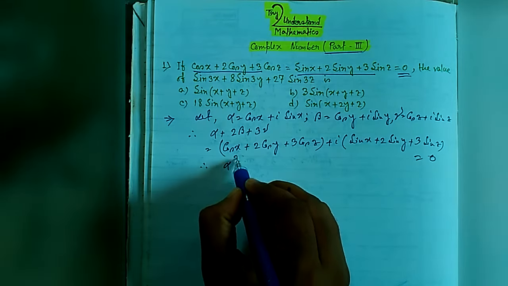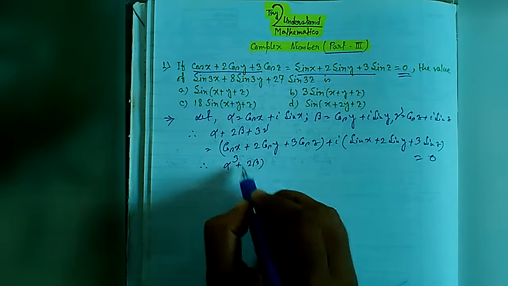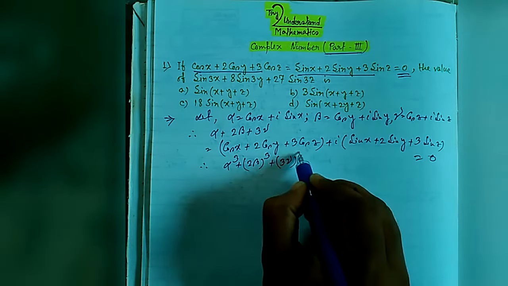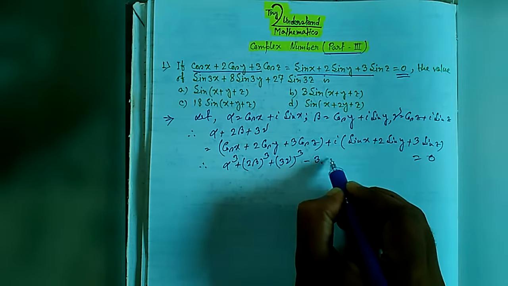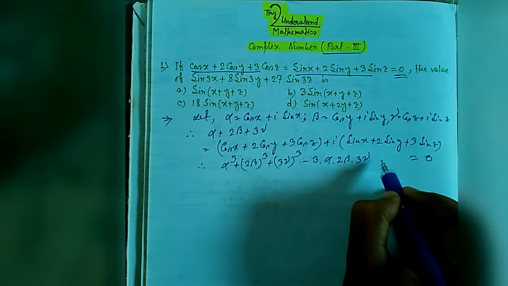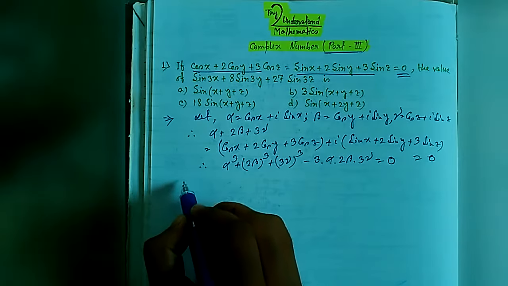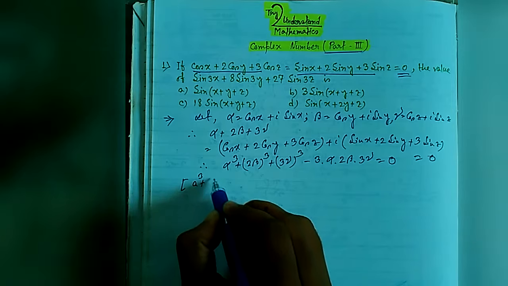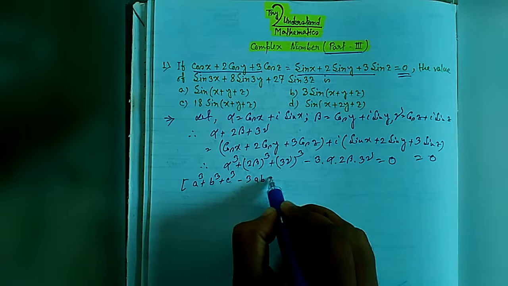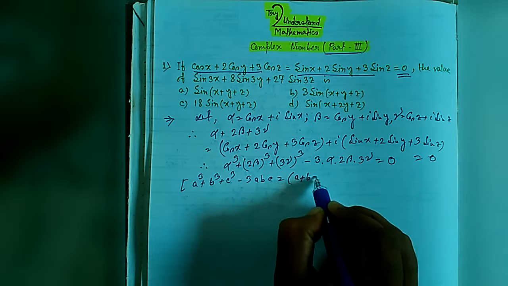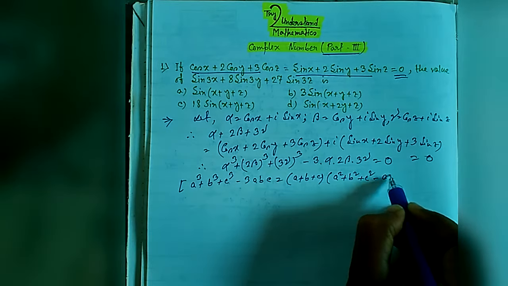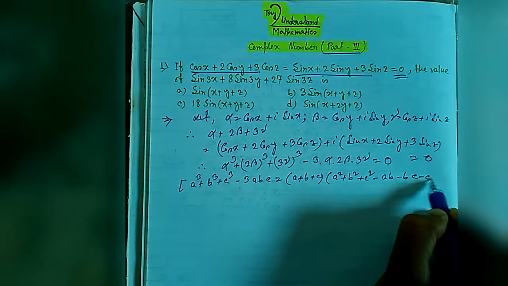Therefore, alpha cube plus 2 beta cube plus 3 gamma cube minus 3 times alpha into 2 beta into 3 gamma will be 0, as we have the result a cube plus b cube plus c cube minus 3abc equals a plus b plus c into a square plus b square plus c square minus ab minus bc minus ca.